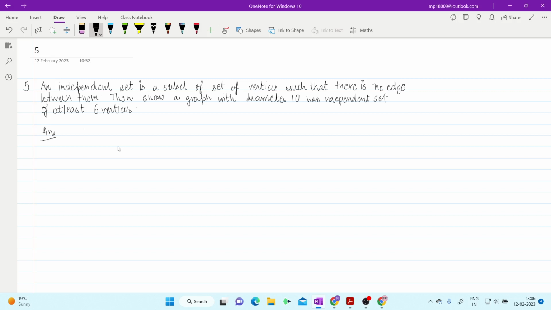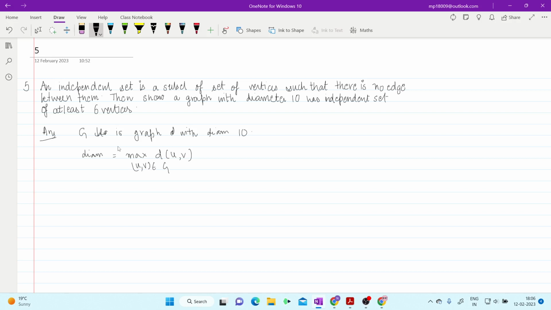So first of all, G is a graph with diameter 10. And diameter is the maximum of the distance of the shortest path, the maximum of the shortest path between u and v.